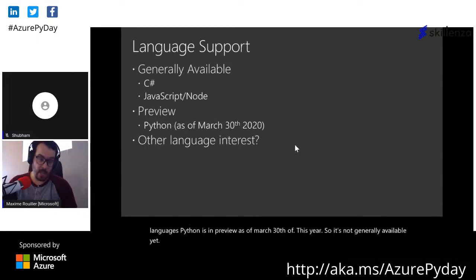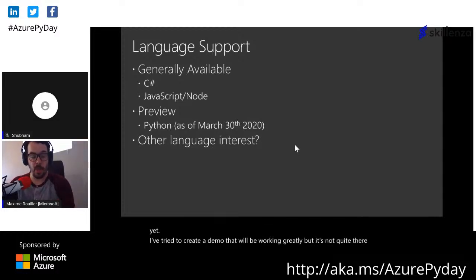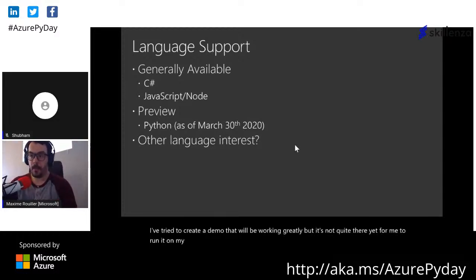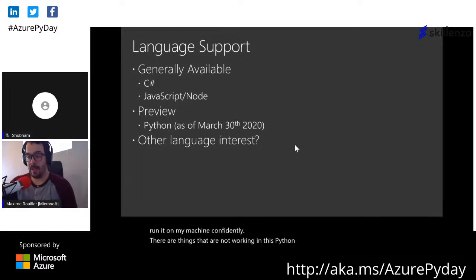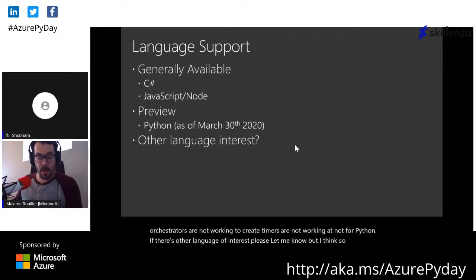I've tried to create a demo, but it's not quite there yet for me to run it on my machine confidently. There are things that are not working in this Python version. As an example, the sub-orchestrators are not working. The create timers are not working yet, not for Python. If there's another language of interest, please let me know. But I think so far, C#, JavaScript, and Python are the main three languages that we need to support.